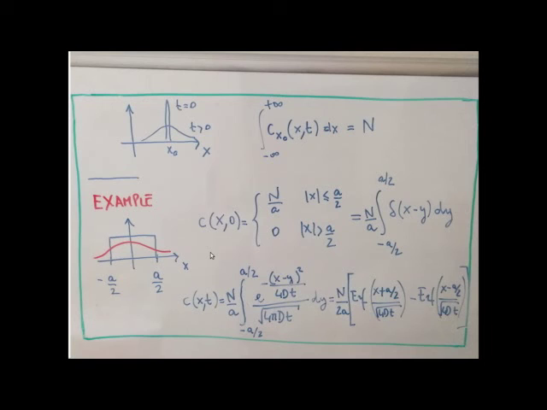Okay, so now it's simple to show that this function that I write here with 3 conditions can actually be written in a simple form as an integral from minus a divided by 2 to a divided by 2 of a delta function times n divided by a, where the delta function is a delta of x minus y, dy. It's very easy to see how this works. Let's take an x that is outside of this interval, so either it's smaller than minus a over 2 or larger than a over 2.